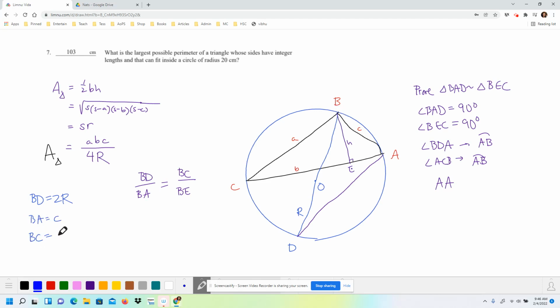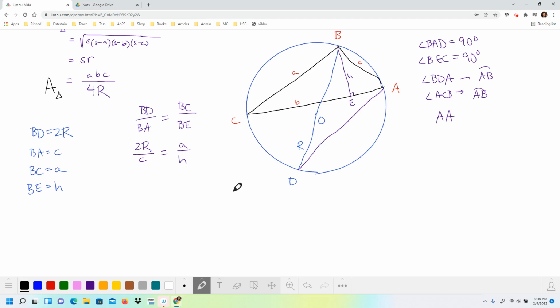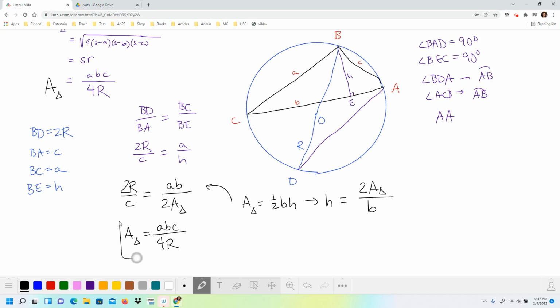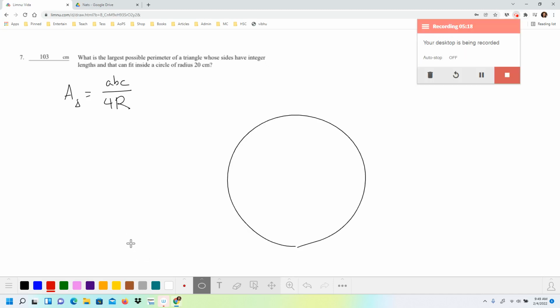BC is lowercase a, and BE is the height of our triangle. So let's do these substitutions. Let's use our easy formula for the area of a triangle, and we're going to solve for the height. And we'll substitute that here and solve for the area of the triangle. And there you have it. So let's return to the problem.